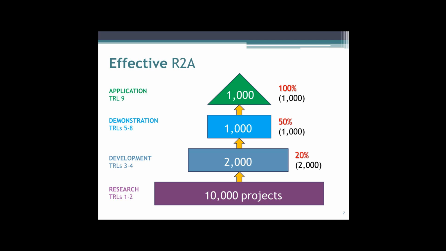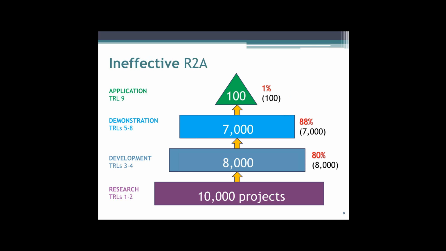An ineffective and perhaps inefficient picture would be what's shown on this slide, where you again have a large, wide base of the pyramid, but a high percentage of those quickly move into development, and then a high percentage of those move into demonstration. But then there's a bottleneck at the last phase, where only a small percentage are actually transitioned into operations.